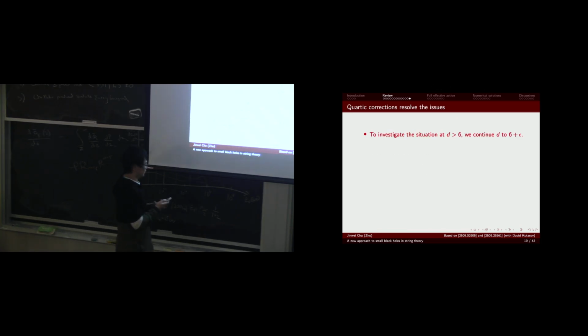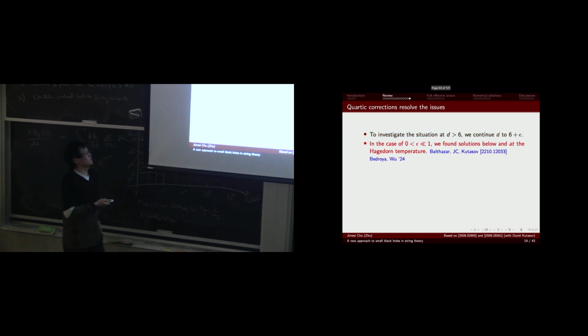So what about larger d? To further investigate the situation, we continue d to non-integer values, namely 6 plus epsilon. When epsilon is much smaller than 1, we found that the solutions exist both below and at the Hagedorn temperature.